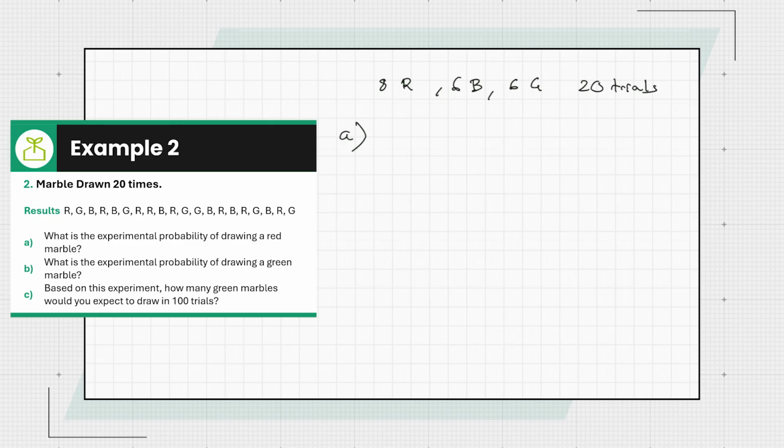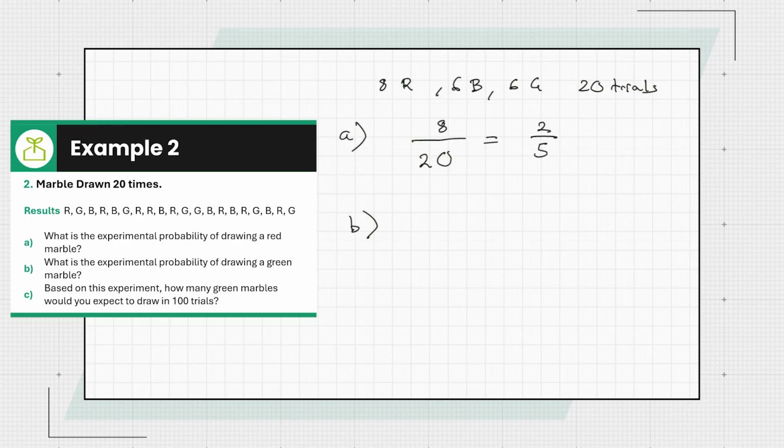Alright, so what's the probability of drawing a red marble? Well, if there are 8 red marbles in there, and we did it 8 times, out of a total of 20 trials, our probability is going to be 8 out of 20, which simplifies down to 2 out of 5.